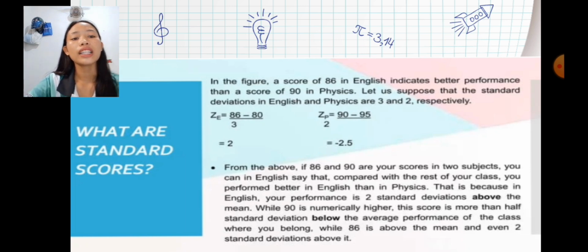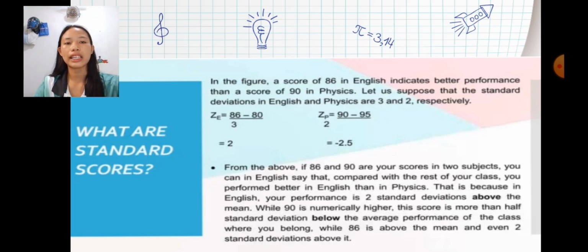While 90 is numerically higher, this score is more than half a standard deviation below the average performance of the class where you belong, while 86 is above the mean and even 2 standard deviations above it.